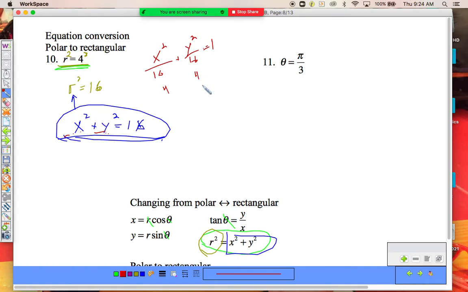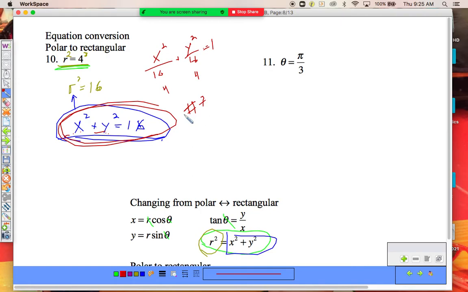For your homework that we gave last class, leave your circle looking like that. You don't have to divide. When you have a circle, when you have an x squared plus y squared equals a number, leave it like that. Knowing this now is going to help you with number 7 on your homework from last class. Don't divide by that number.